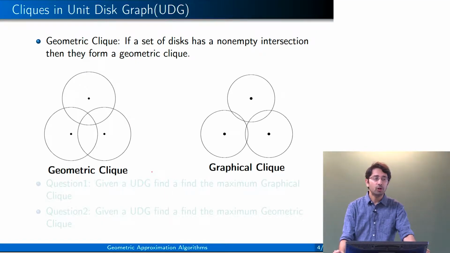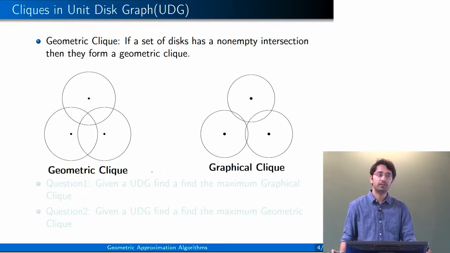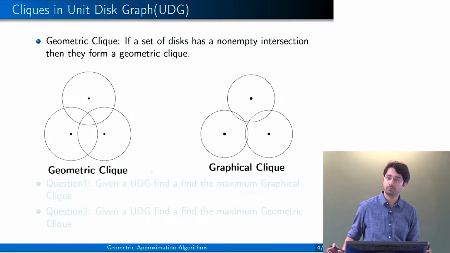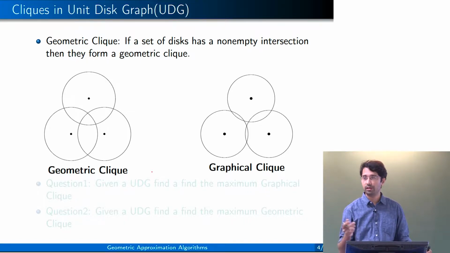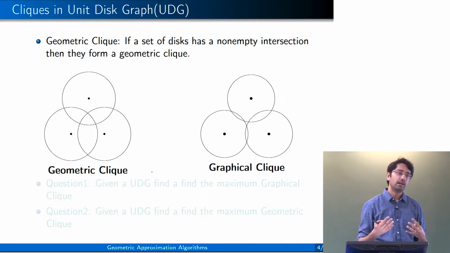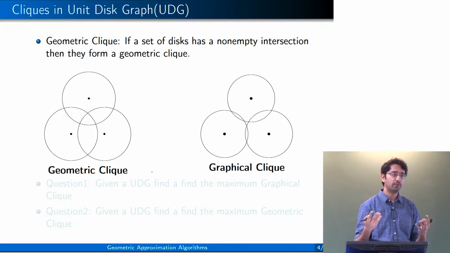When we talk about cliques for unit disk graphs, there are two kinds of cliques that we are concerned with. One is the graphical clique, the definition that I have just given you: you create a graph where, if two disks intersect, you create an edge between them, and you look for a maximum clique in that graph.